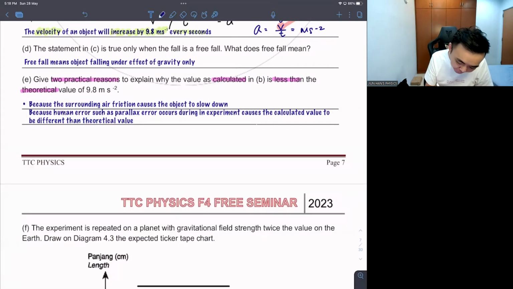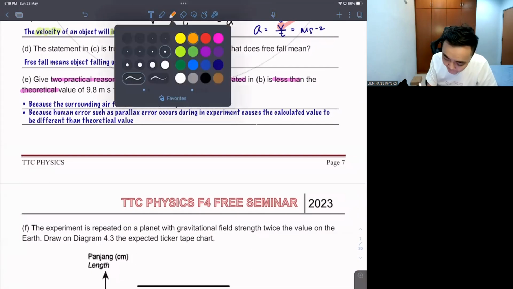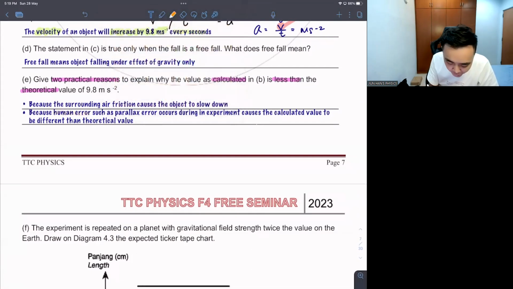That is your second point. Calculation error no need to mention, just mention human error such as parallax. Parallax is the one that happens most often. Not everybody calculates wrongly; some of you are careful. But parallax error is the one that often happens.